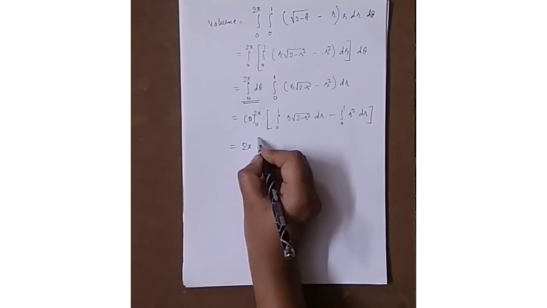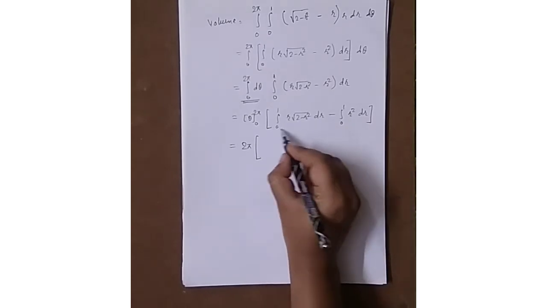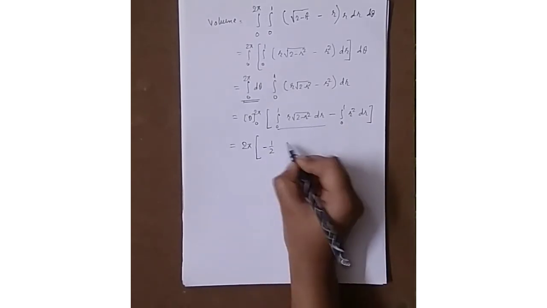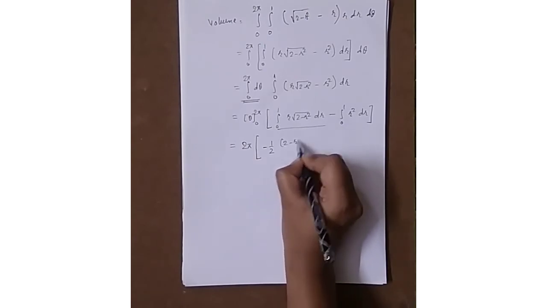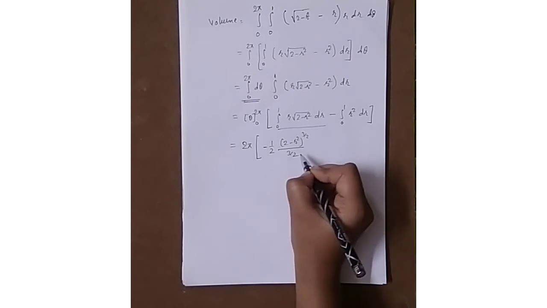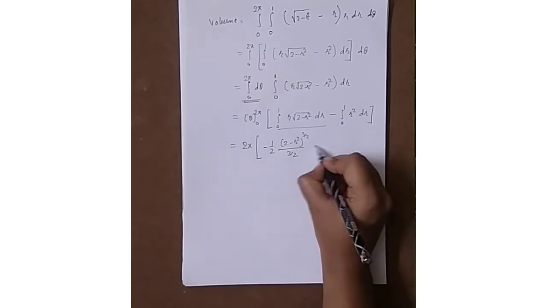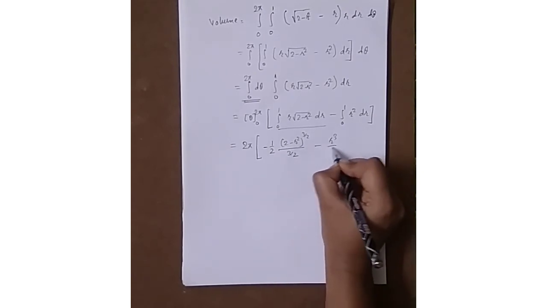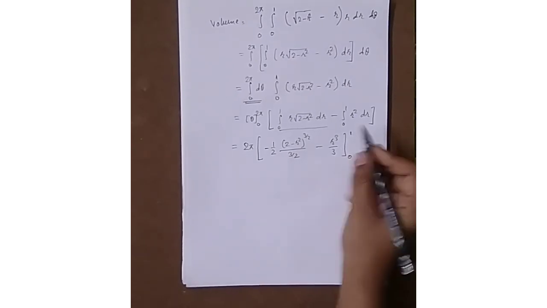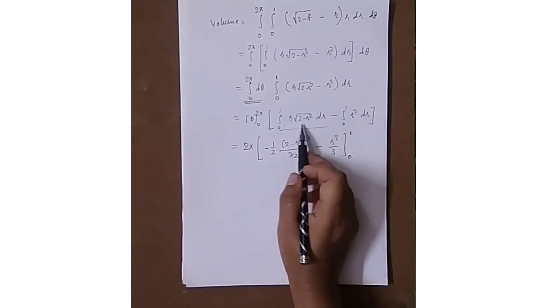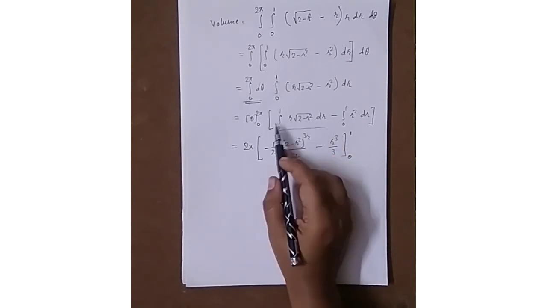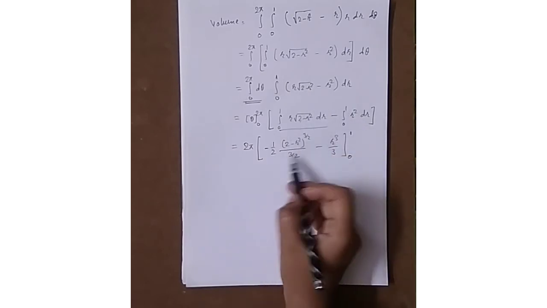When you put 0, the term becomes 0. Integrating this, it gives minus 1 by 2, 2 minus r square to the power 3 by 2 upon 3 by 2, minus the integration of this, which is r cube by 3, and the limit is 0 to 1. Here you can also take 2 minus r square equal to u and then integrate, the answer will be the same.